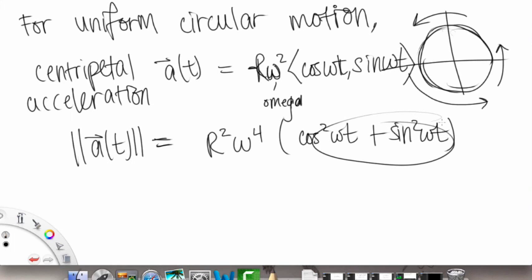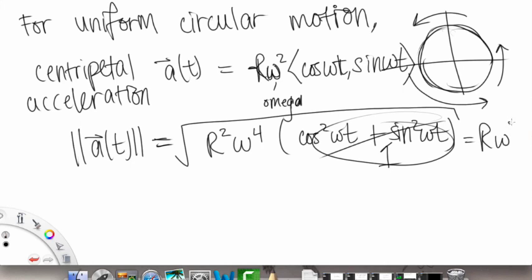Together these make a 1, and it's square rooted because it's a magnitude, so we get r omega squared. This is the magnitude of our centripetal acceleration, centripetal meaning going toward the center, and omega stands for angular velocity.